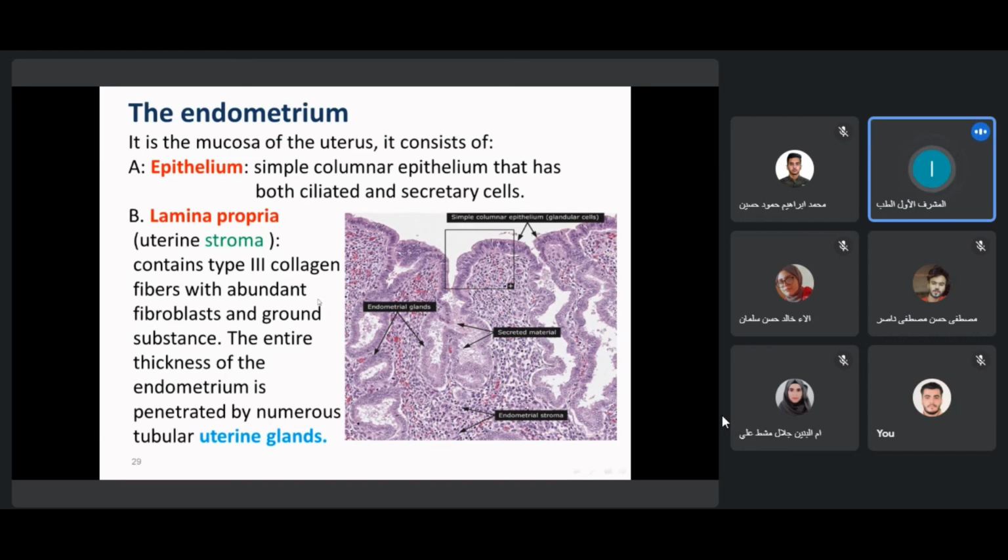The entire thickness of the endometrium is penetrated by numerous uterine glands. These are the uterine glands, which have a similar lining, simple columnar epithelium. So there is surface epithelium and glandular structures, uterine glands, present in the endometrium.